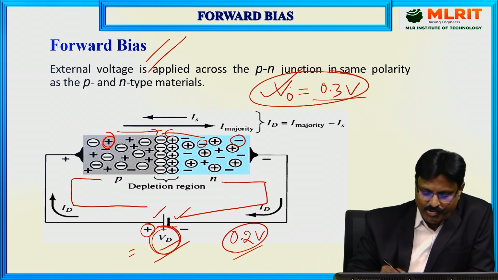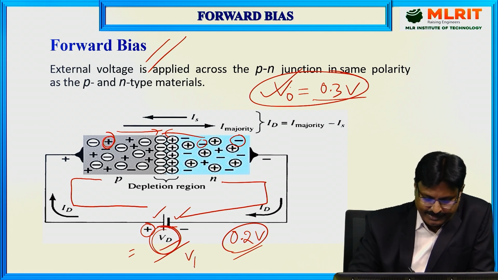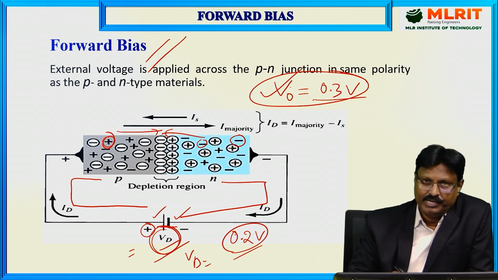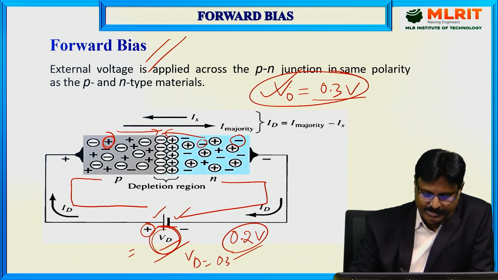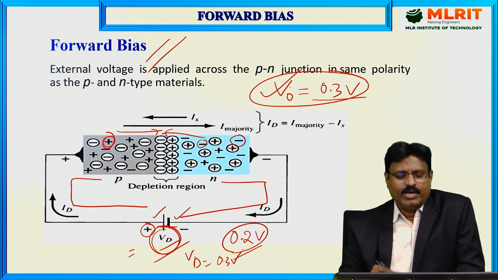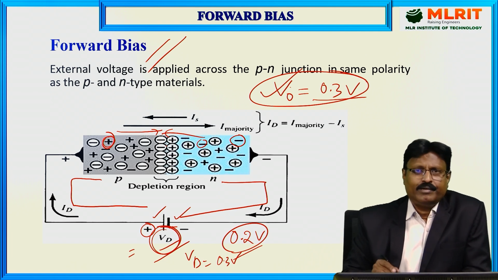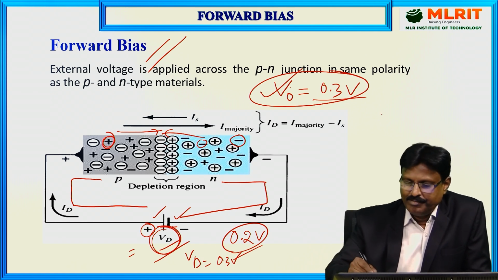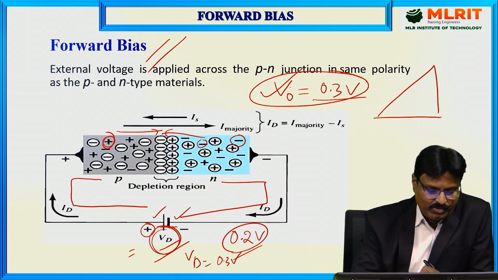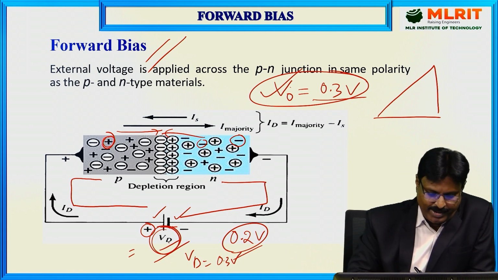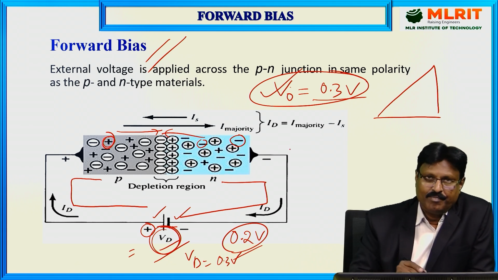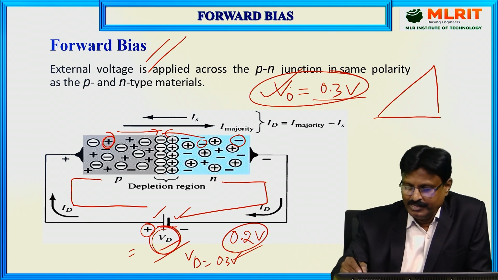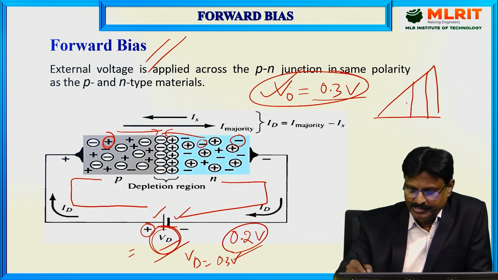Now suppose the applied voltage exceeds the barrier potential. Earlier the potential barrier is there like this with a height. Whenever the applied Vd is greater than the barrier potential value, slowly the barrier potential height will decrease like this.